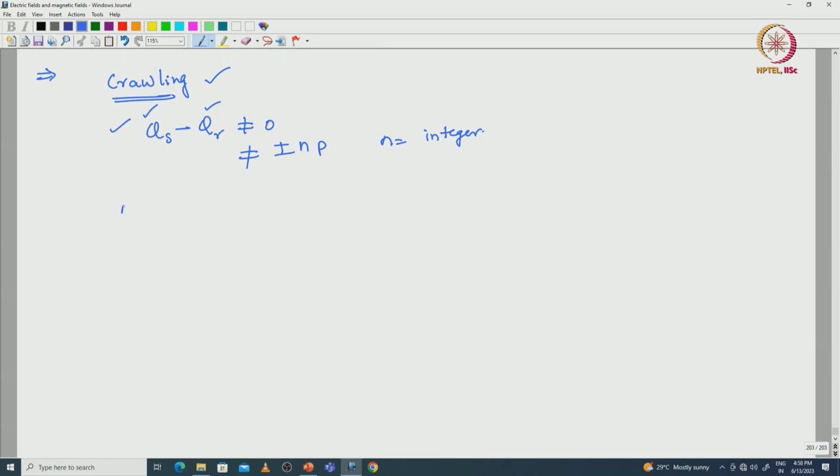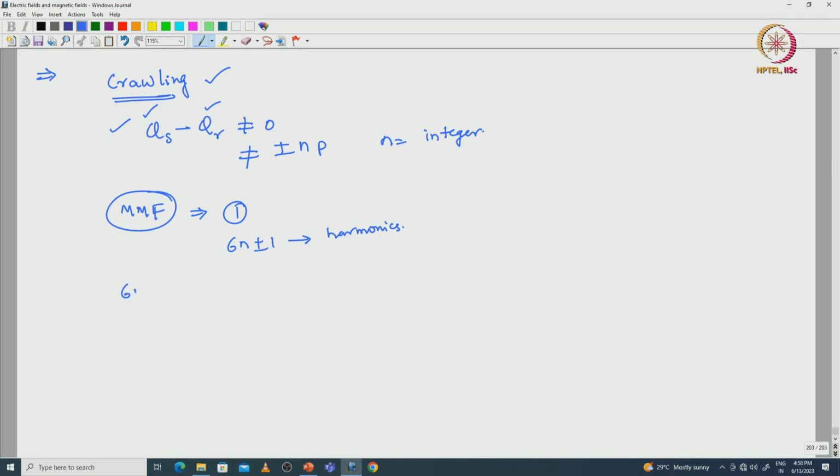The MMF waveform at the air gap is not sinusoidal. For infinitely distributed windings and sinusoidally excited machines, we can consider the MMF waveform to be sinusoidal, but in practical machines the MMF waveform will not be sinusoidal. It consists of the fundamental and 6n plus or minus 1 harmonics.